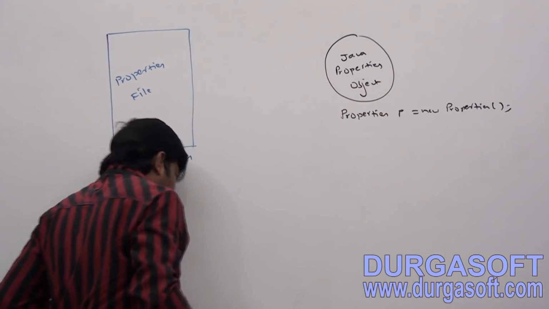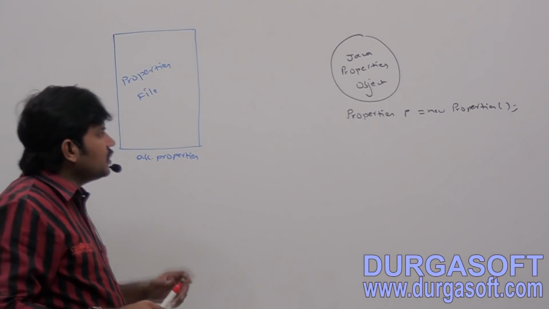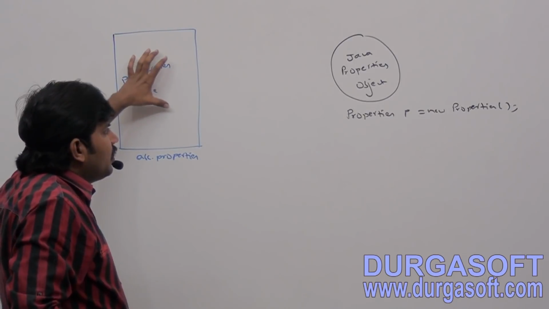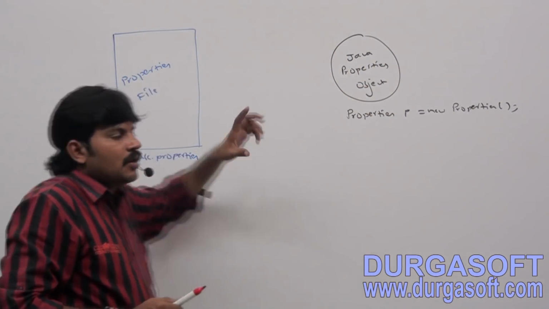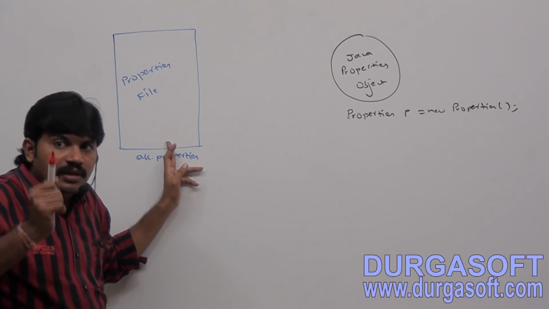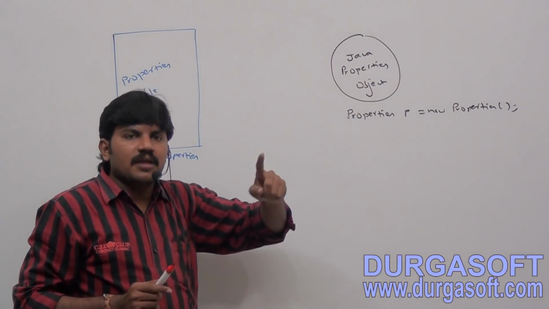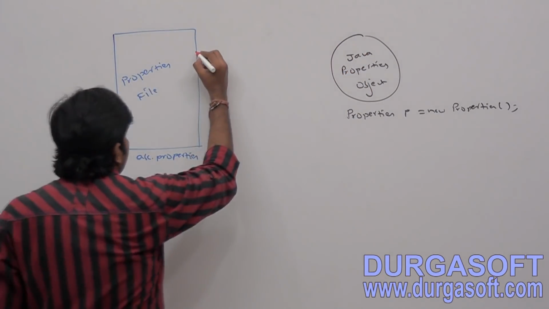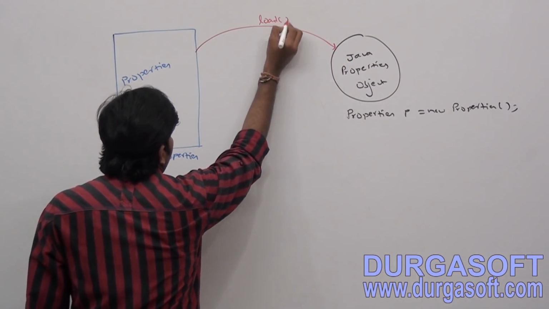Sir, my requirement is I want to load the properties from the properties file into the Java properties object. I have to load all the properties in the properties file into the properties object. For that, the method we have to use is load.